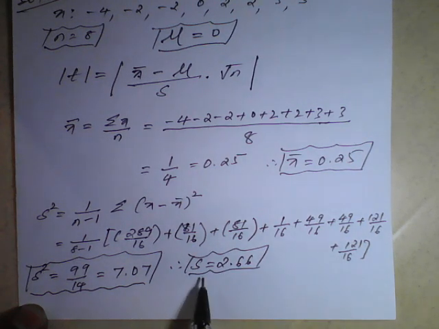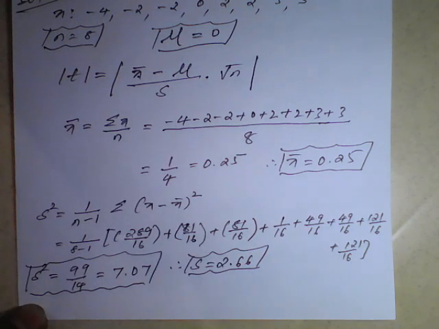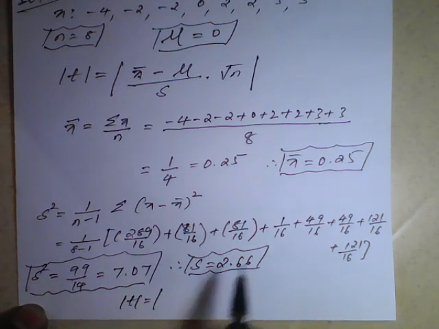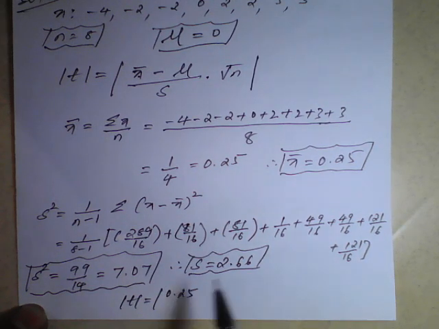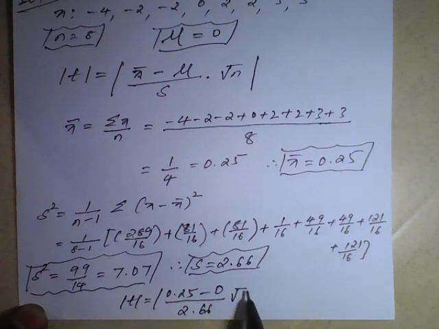This is the s value. So this s value and x bar value will apply in this formula. So therefore t is equal to x bar is 0.25, mu value is 0, divided by s value is 2.66 into square root of 8.